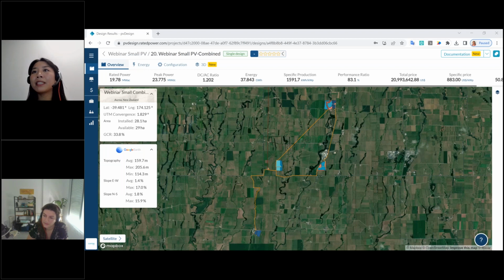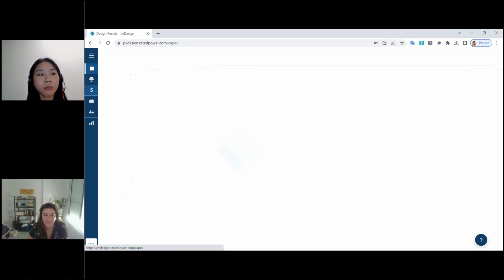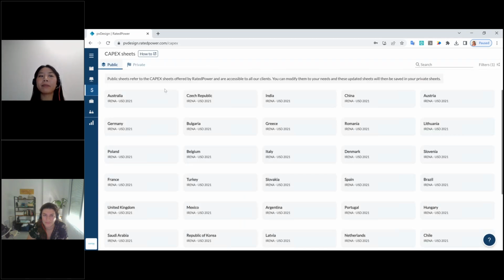Is there a specific price plan for the smaller PV plant? In terms of the price or the CapEx template, we do provide some public templates for the users that we extracted from IRENA's report. This is, however, depending on the region or country in the world, varying from 2019 to 2021.